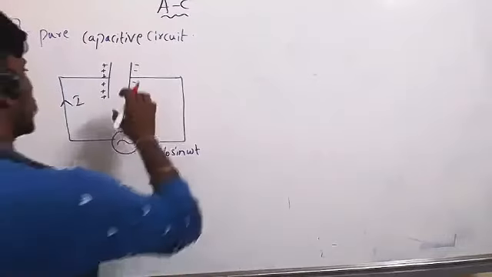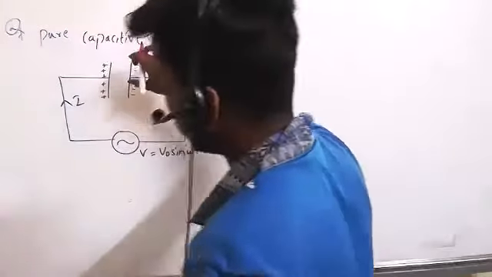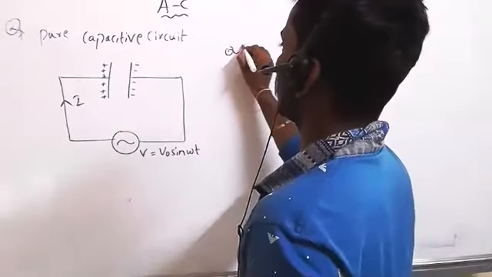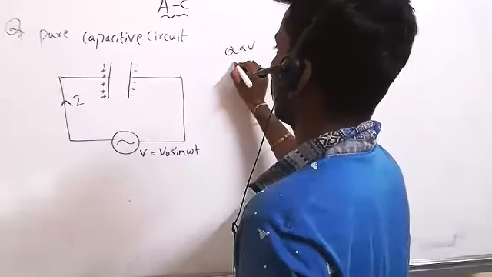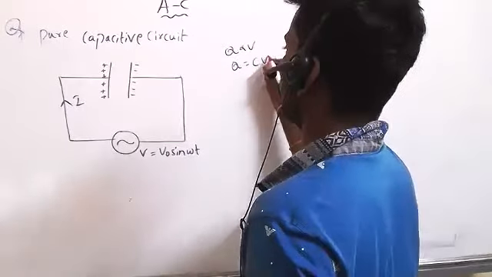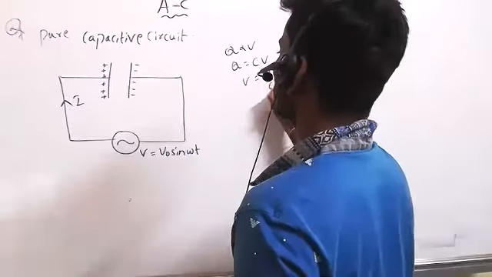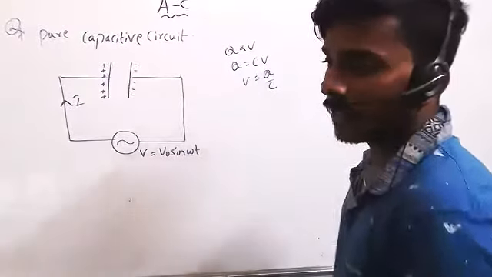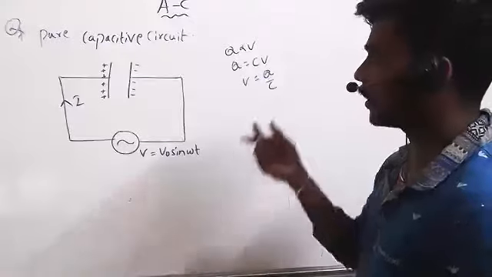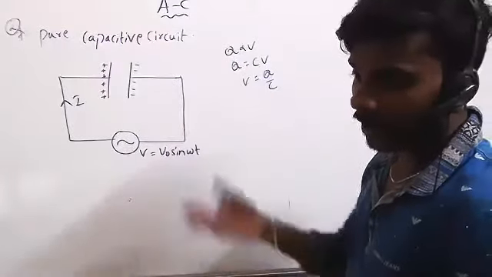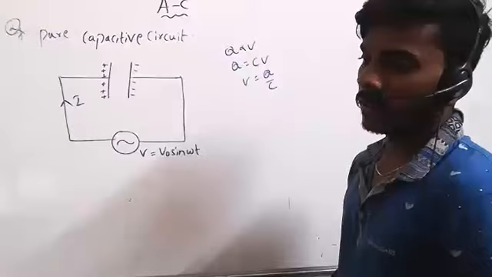What is the voltage in the capacitor? Q is directly proportional to V. Q is equal to CV. From this, V is equal to Q by C. Did you remember, when we discussed capacitors, when we give charge to the conductor, the potential increases?